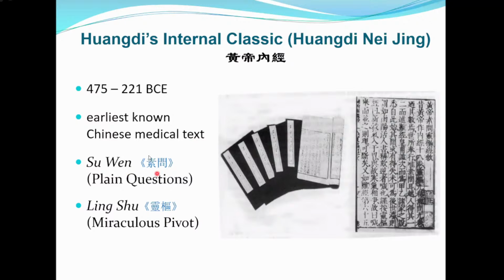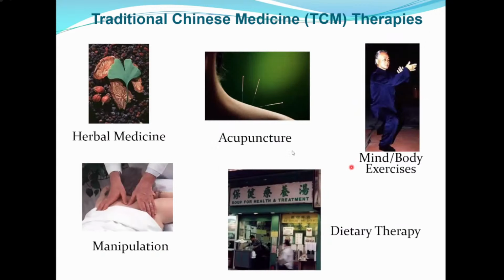Su Wen mainly talks about the principles and concepts of TCM, and Ling Shu discusses the treatment: acupuncture points, acupuncture, and herbal medicine treatment for patients. Actually Ling Shu was written earlier than Su Wen, but in the order they usually put Su Wen first.